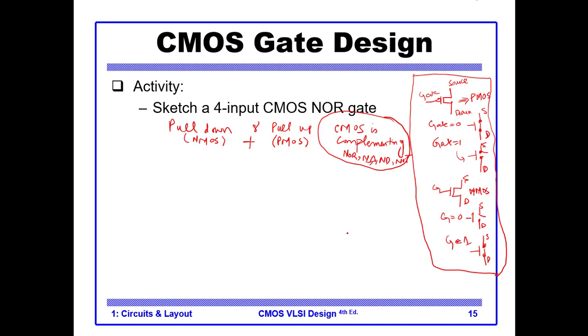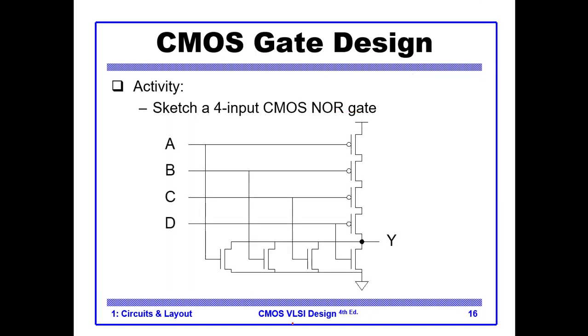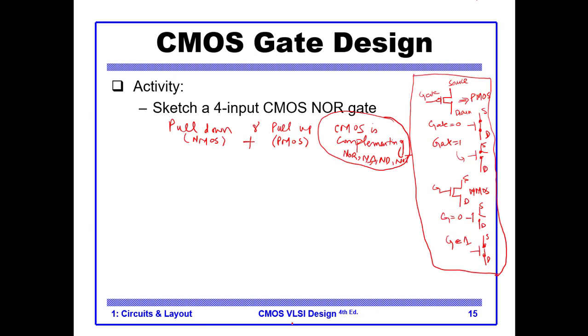So we will have a pull down network which will consist of NMOS. So we have 4 NMOS. And all the NMOS are connected to ground.